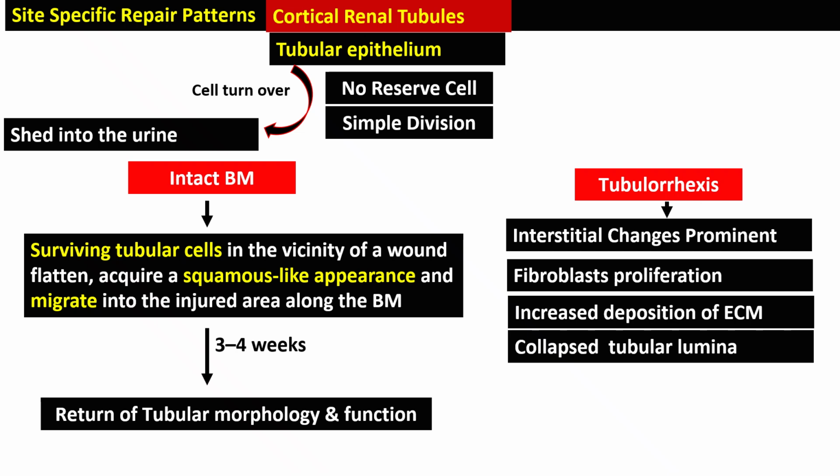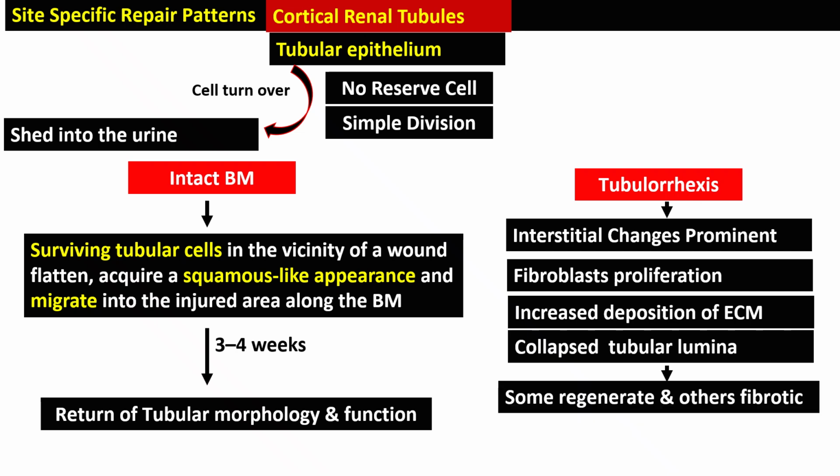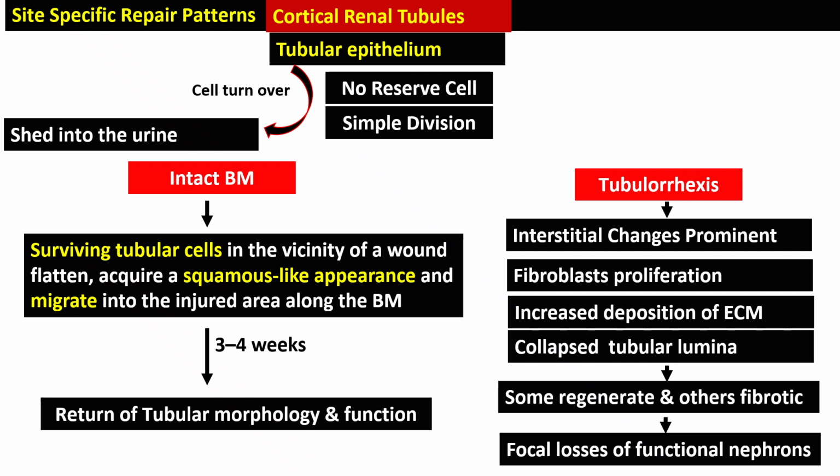If the foundation cracks, as happens in tubulorrhexis, the external repair crew, that are fibroblasts, build patches or scar tissue. This scar tissue formation narrows the pipeline, and some sections of the pipeline work again, while some become blocked permanently. So this will result in focal loss of functional nephrons.